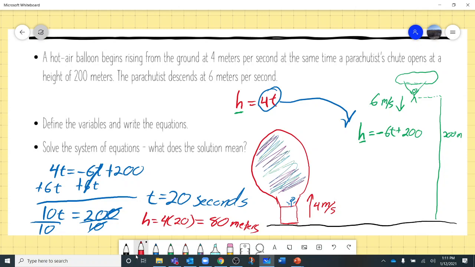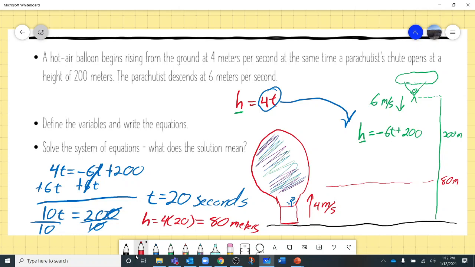Well, what that means is when our balloon floats up 20 seconds and our parachutist floats down 20 seconds, they'll both be at, I drew my hot air balloon way too big, they'll both be at 80 meters. Okay, that's when they'll both be at the same height. That's what that solution means.